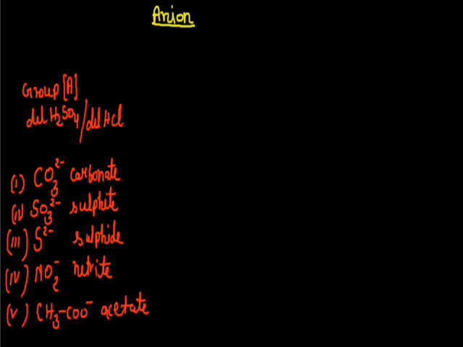The second group is called group B, the concentrated H2SO4 group. Anions of this group are not decomposed by dilute H2SO4 or dilute HCl, so for investigating these anions we use concentrated H2SO4. The anions in this group are: the first one is chloride, Cl-.